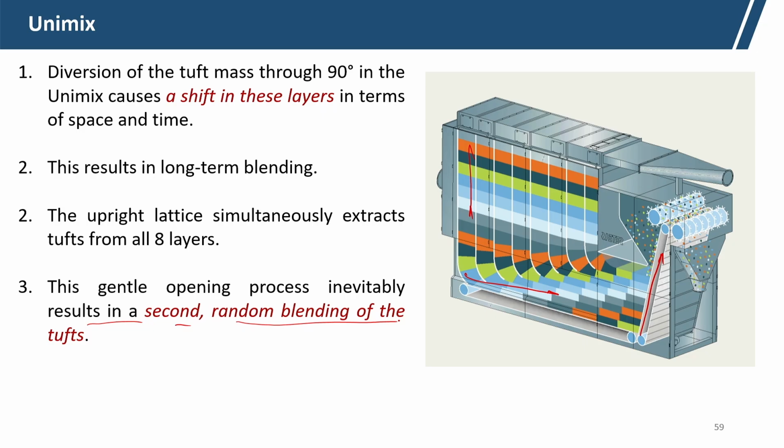So, it is a random blending, and this blend is already homogeneous at this stage. So, here at this stage only, in the Unimix, the blend we get is almost homogeneous. Even after that we have carding and other processes. So, we get very intimate blending in this Unimix system.